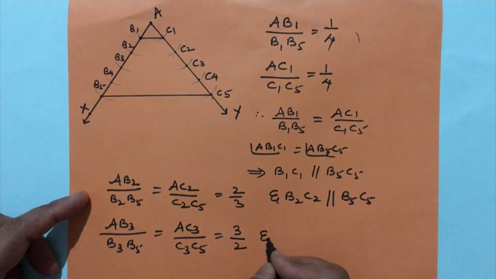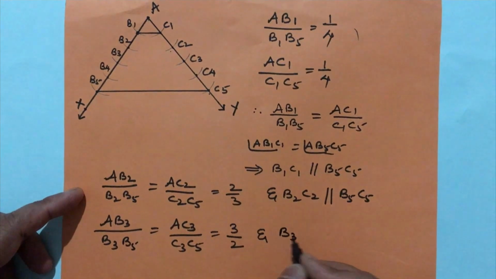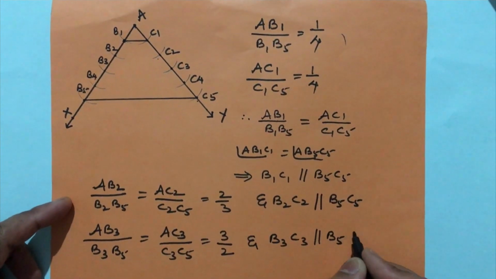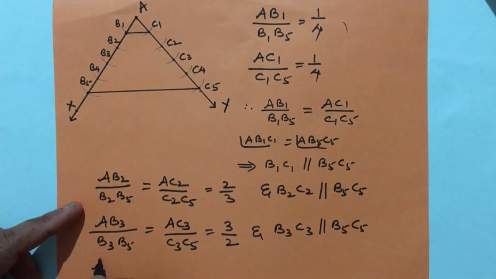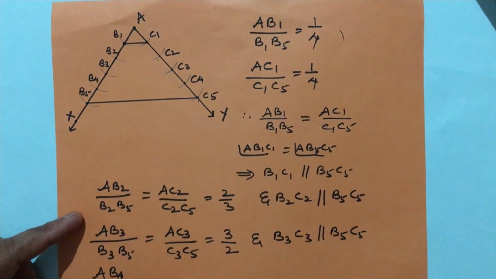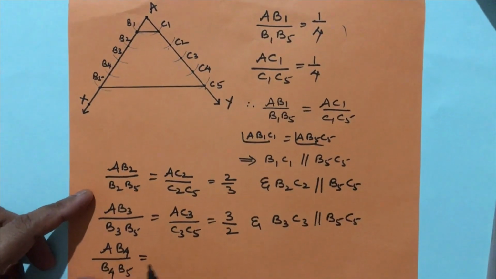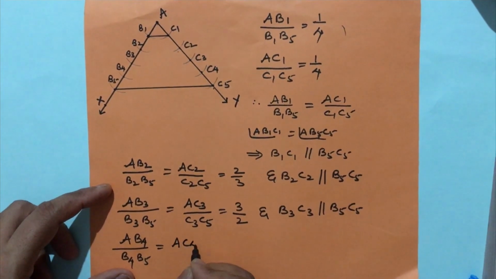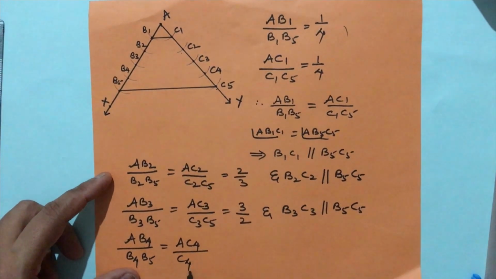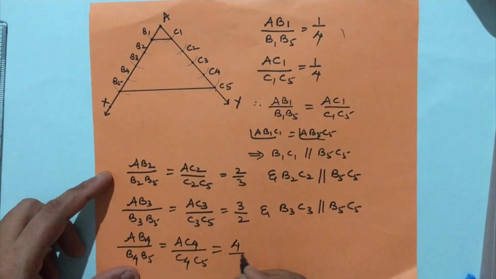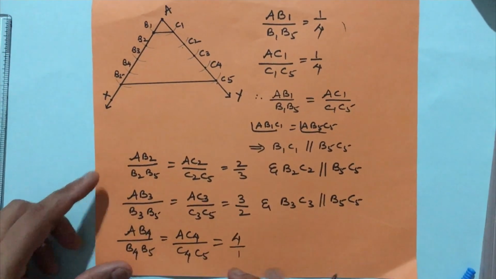And also here you can see that B3C3 is parallel to B5C5. Same like that, AB4 by B4B5 is equal to AC4 by C4C5, and each ratio is equal to 4 by 1.